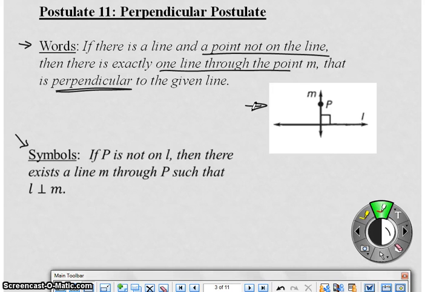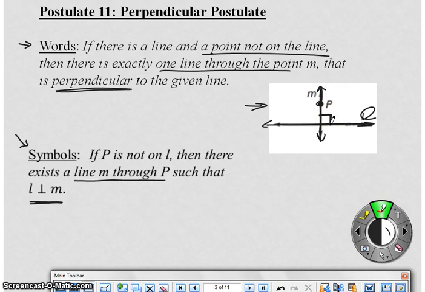If P is not on L, so here's P, here's your line L, hopefully you can tell P is not on that line, then there exists a line M through P such that L is perpendicular to M. So there's only one way that we can draw this line through P so that we get a right angle.